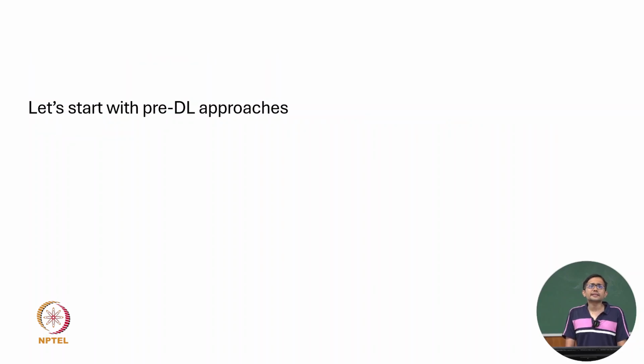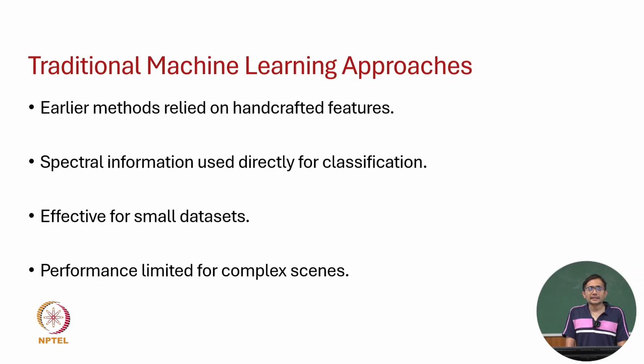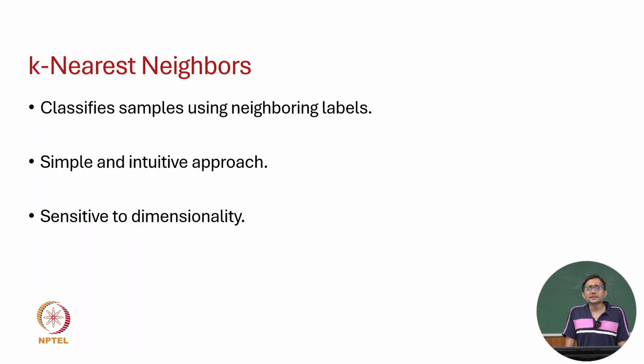Okay, so with this background, let us quickly start with pre-deep learning based approaches. The traditional methods relied on handcrafted features or directly used the spectral information. They were effective for small data sets and performance was quite limited on complex scenes. K-nearest neighbor has been used in several works, which classifies samples using neighboring labels.